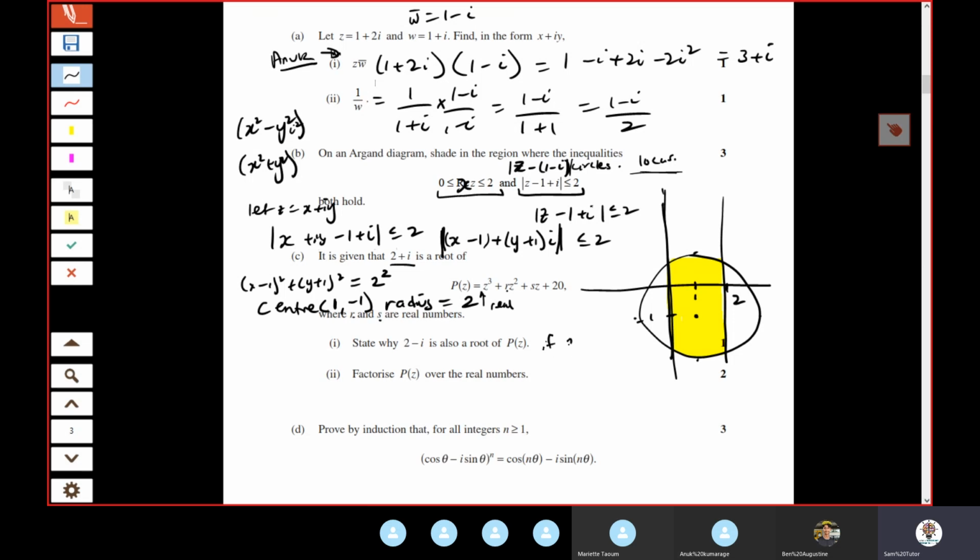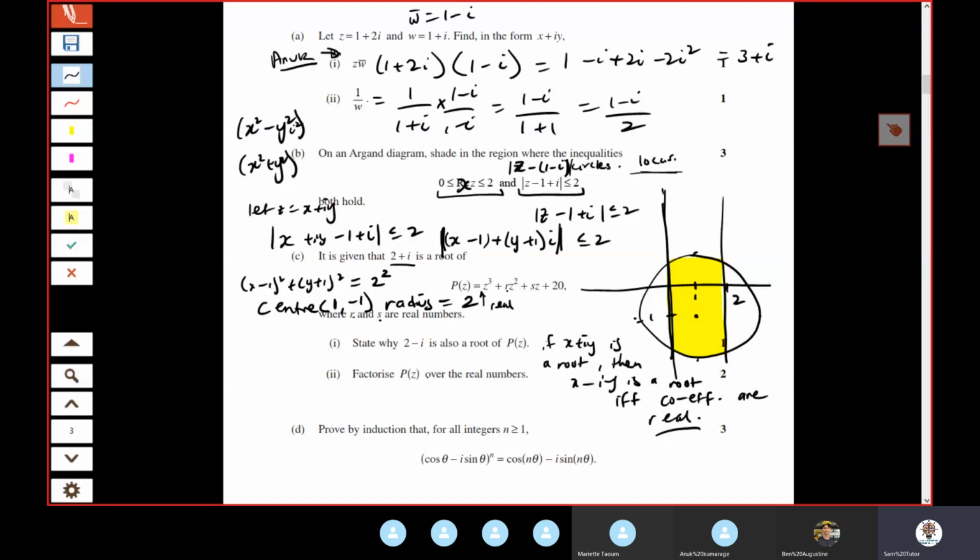So if x plus iy is a root, then x minus iy is also a root, if and only if the coefficients are real. Do we get that? Yes? If you go back to, I think, week 2 of complex numbers, it's in there.